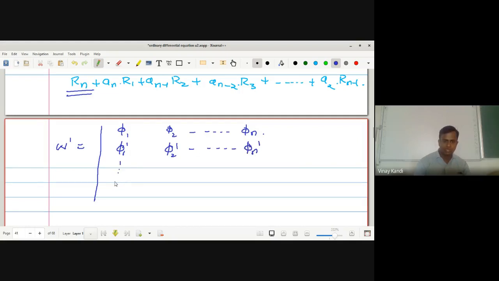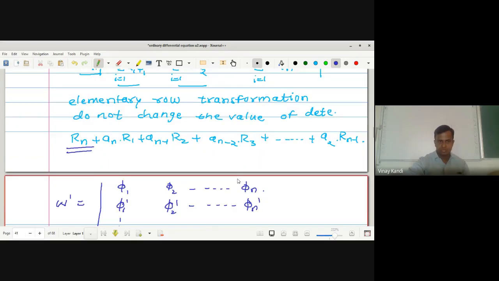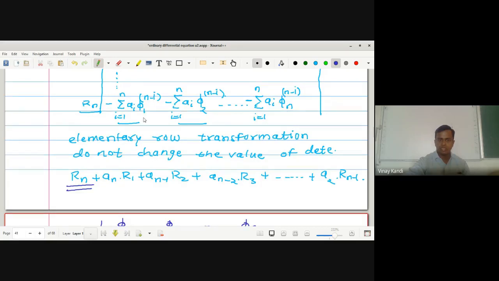Now the last second row: phi 1 raised to n minus 2, phi 2 raised to n minus 2, up to so on phi n raised to n minus 2, and what will come in the last row? Only a1 will remain. Even a2 is going, but in the end a1 will remain. In this last row, up to a2 all are in the minus sign.